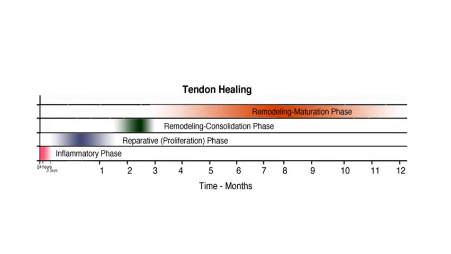This consolidation phase takes a few months, and for this phase we may need a little bit of loading, but this loading should be appropriate, because if we have overloading, we may deteriorate this remodeling phase.